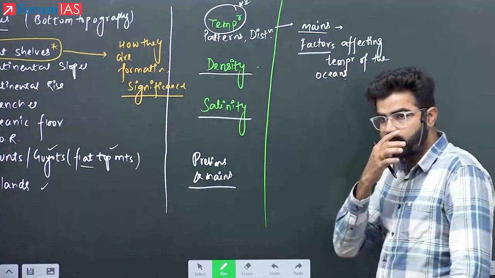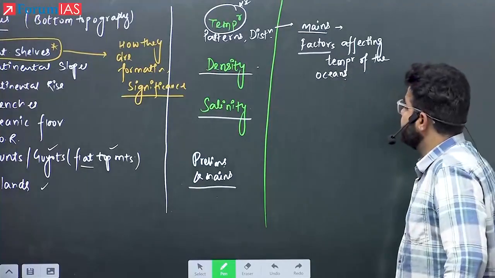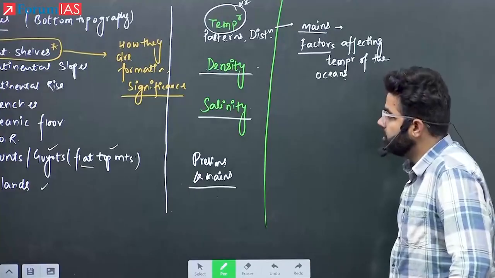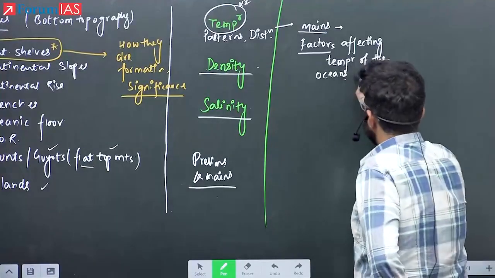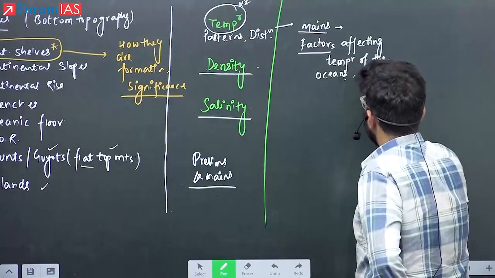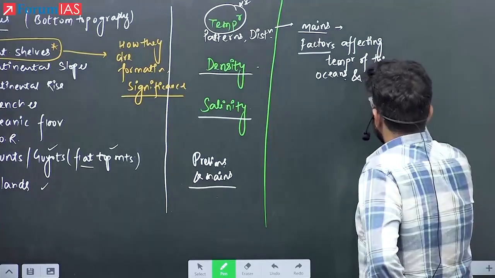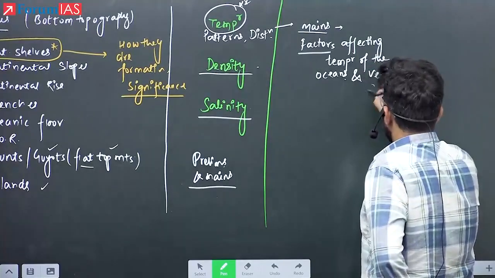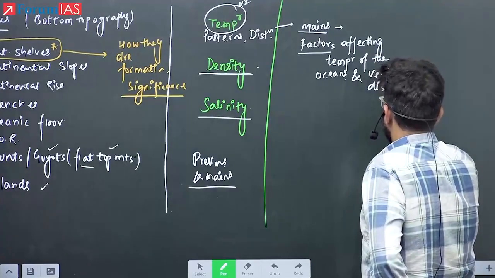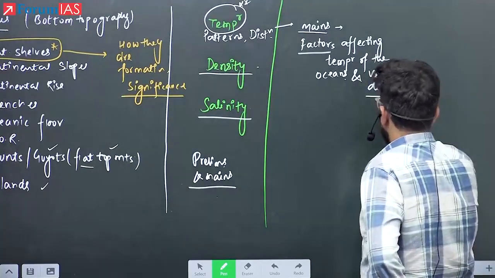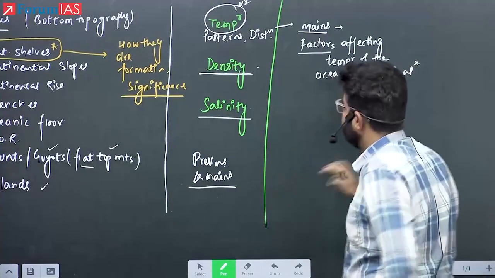What are the factors responsible which decide what should be the temperature of the oceanic water? Number one. Second, in the same question, they can also ask you, talk about vertical distribution of temperature in oceanic water. This is important, right? Horizontal or vertical, anything they can ask.